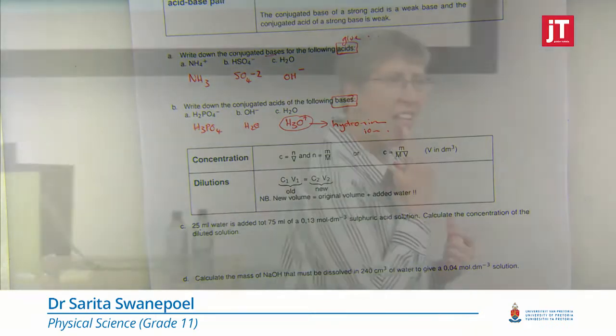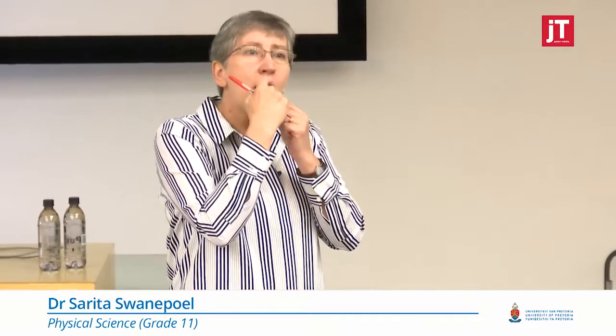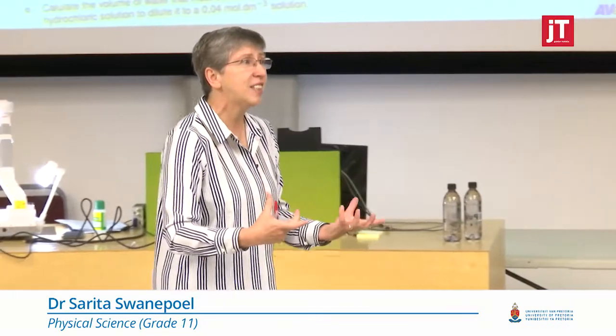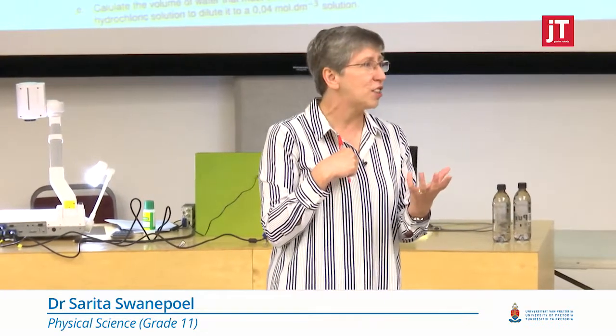Your tongue. The moment you taste something, you say this is acidic. How did you know that? Because the H3O plus, the hydronium ion, was registered on the receptors. So you can immediately tell something is acidic because it's got H3O plus. If something is very acidic, there's a lot of H3O plus hitting your tongue and registering.